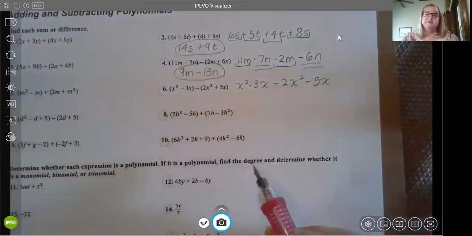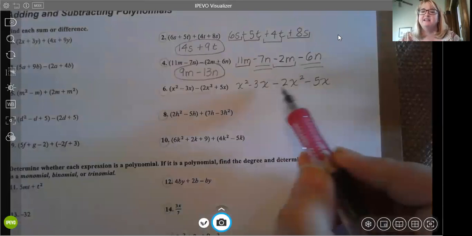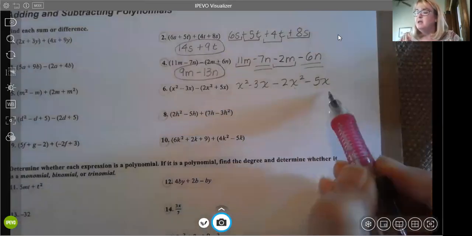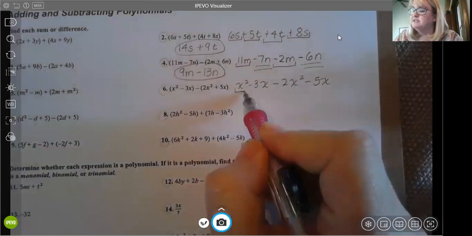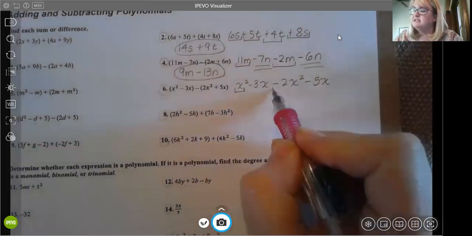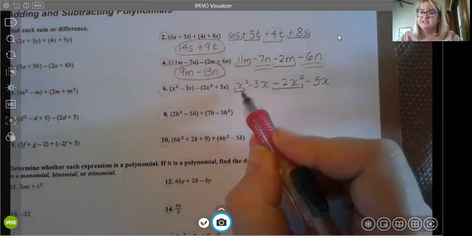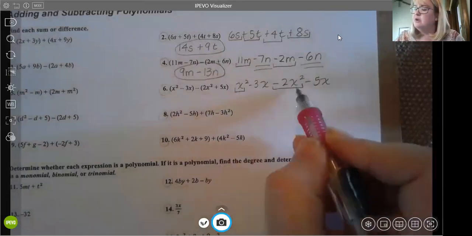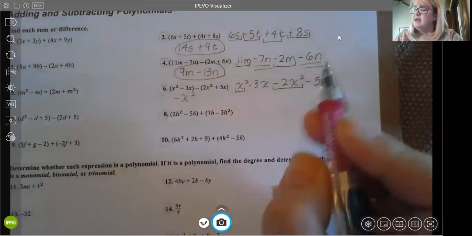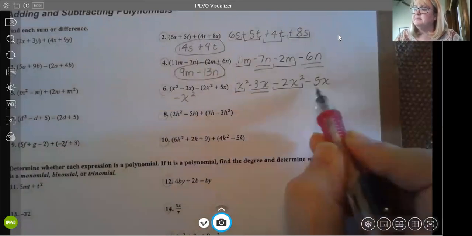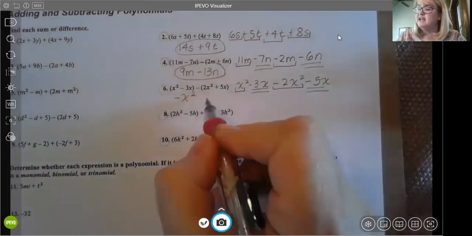Now be careful on this one because all of these have x as our variable, but you can only combine the x squared with other x squareds. So I've got x squared minus 2x squared. Well, this is the same thing as 1x squared minus 2x squared, which would be negative x squared. And then I've got minus 3x minus 5x, and you put those together and you get minus 8x.